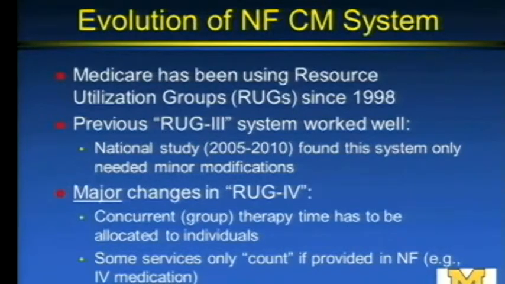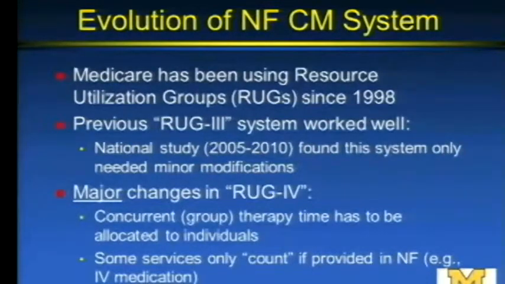That's now been changed under the new rules, so that time will have to be divided up, so that each person is actually considered to have gotten a 20% effective amount of therapy time.